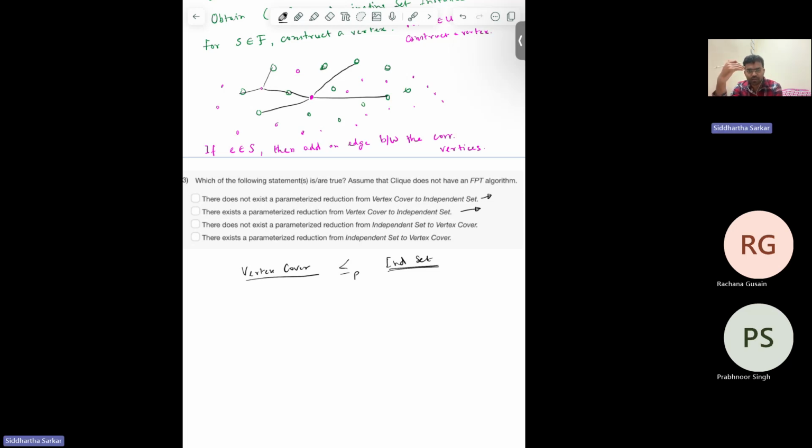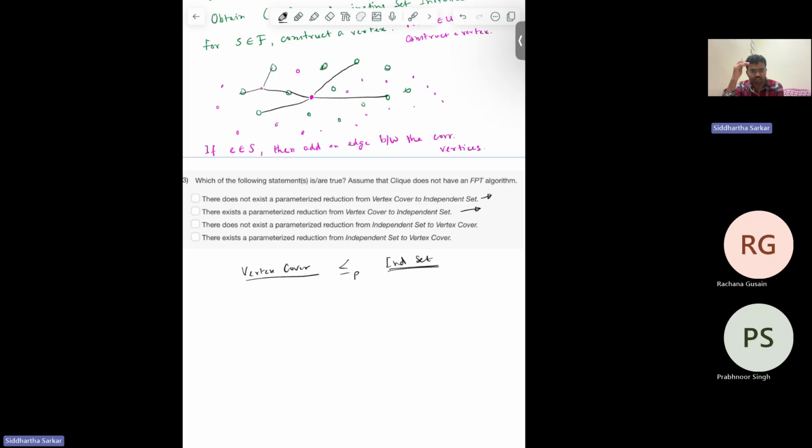And the second step is to prove that if there is a vertex cover of size k or less in the vertex cover instance, then there is an independent set of size k or less in the constructed instance of independent set. The other way around also you have to prove. So I'll let you think about it for a minute.